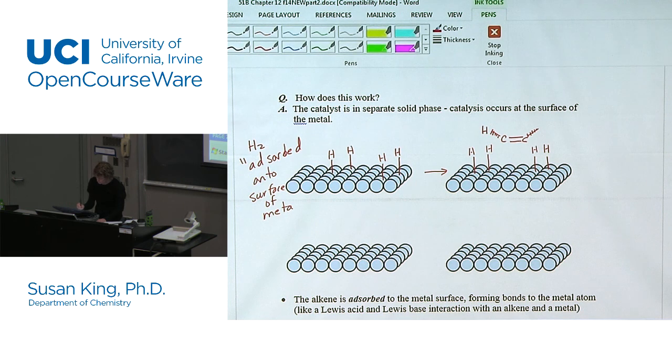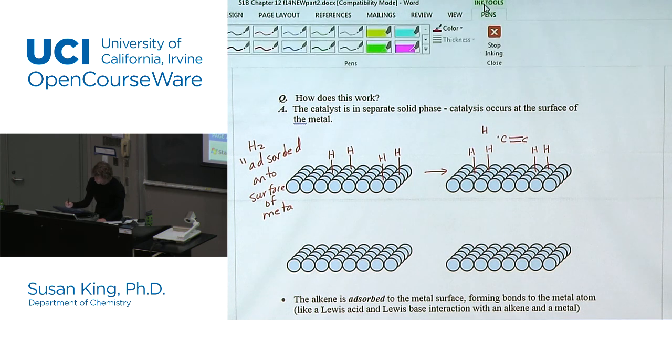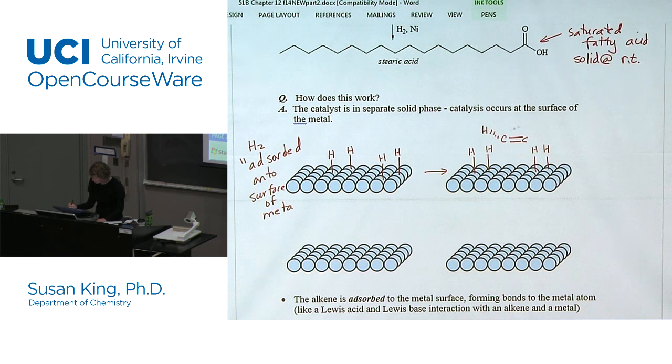No, that doesn't look dashed, does it? Let's erase that and start over again. So I'm going to turn this alkene on its side. This is going to approach the surface of the metal. It's going to get closer than that, but I can't get too much closer because I have hydrogens in the way, as you can see. That's going to come close to the surface of the metal.